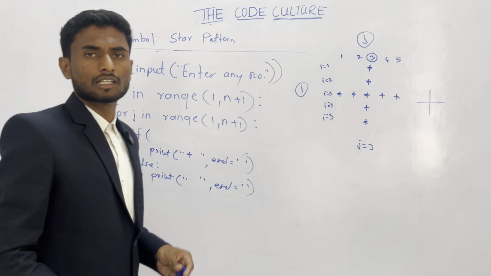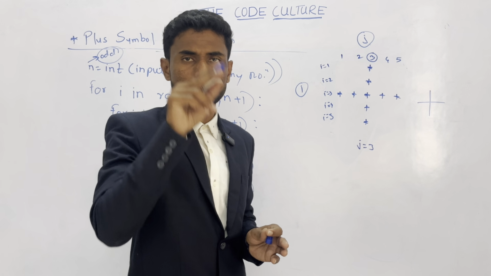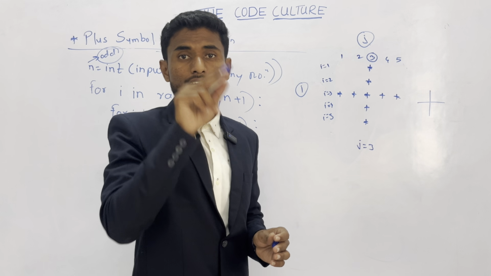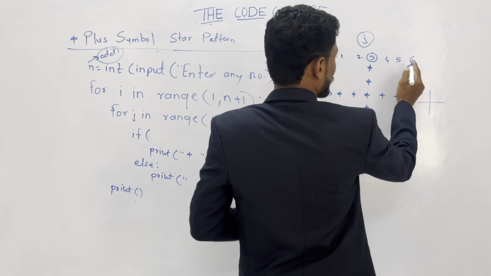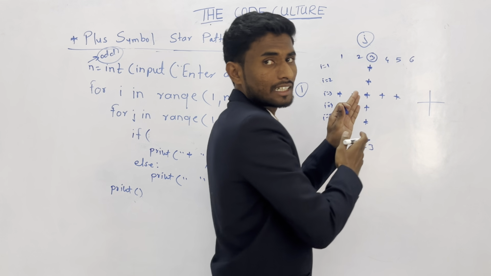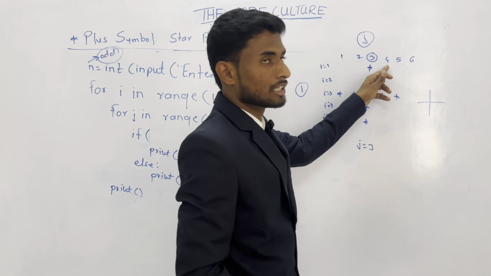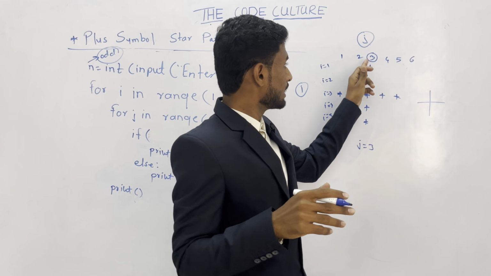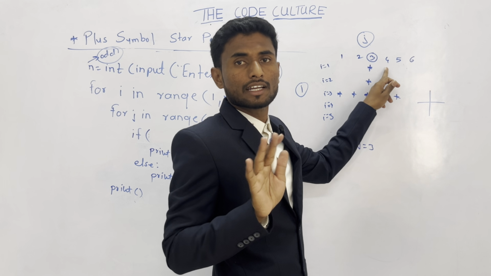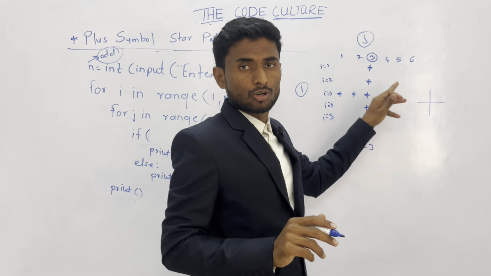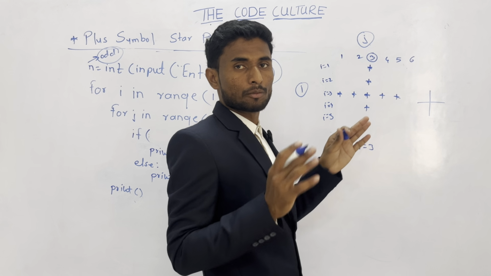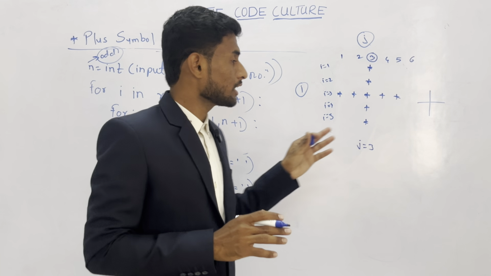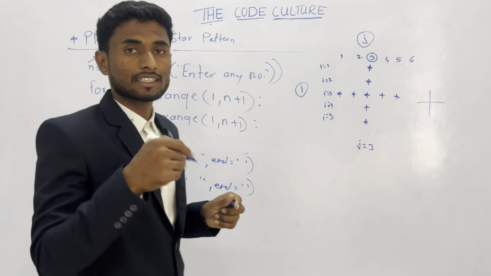Because only if the number is odd can we get the central line. If there are six lines, I can't get the exact central line. Either we have to consider 3 or 6, but by considering 3 or 6 as the central line, I will not get an exact plus symbol. So always remember, to print plus as well as alphabets based on plus, always take the n value as odd.